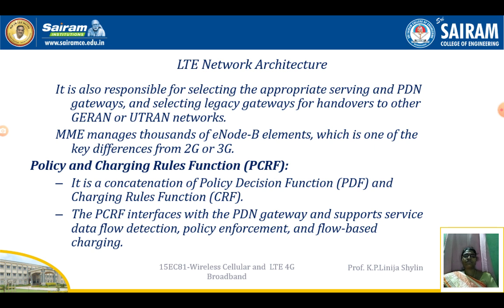So these all are the major four elements, and these are the functions taken care of by the long-term evolution network architecture. So I hope everybody got a clear idea of the LTE network architecture. Thank you.